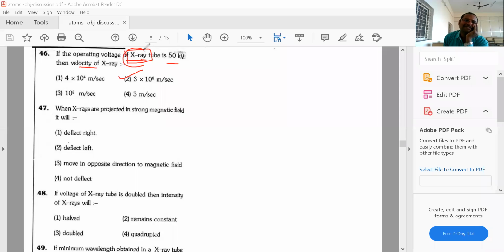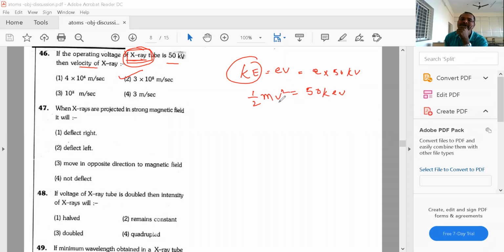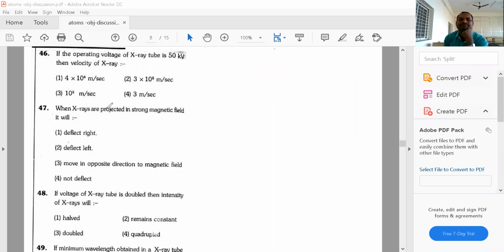If these were not X-rays, if they were alpha particles, beta particles or electrons, then kinetic energy is equal to eV, that is e into 50 kilovolts, which is 50 kilo electron volt. This kinetic energy is half mv squared, and from this you will get velocity. But these are X-rays, so they will travel with the speed of light. Option 2, no confusion.